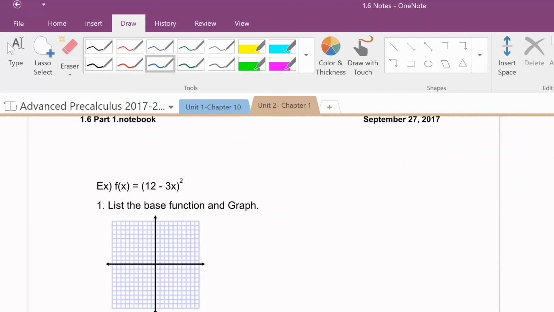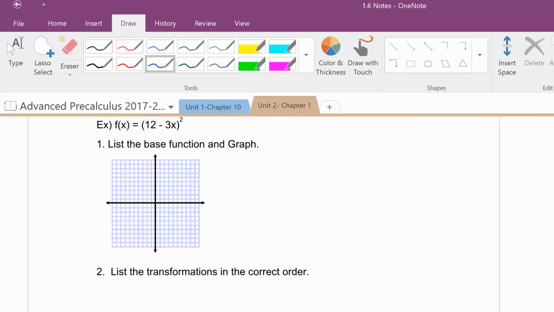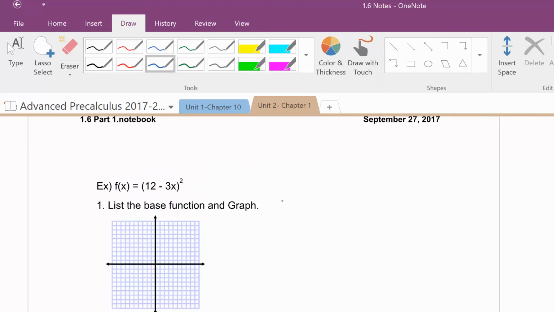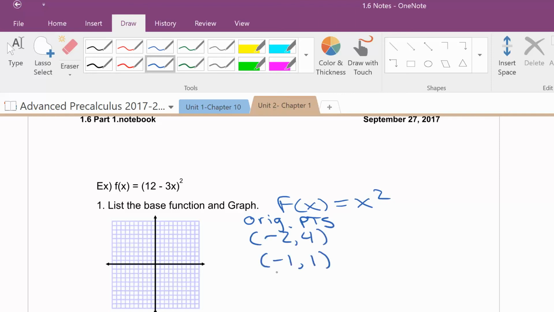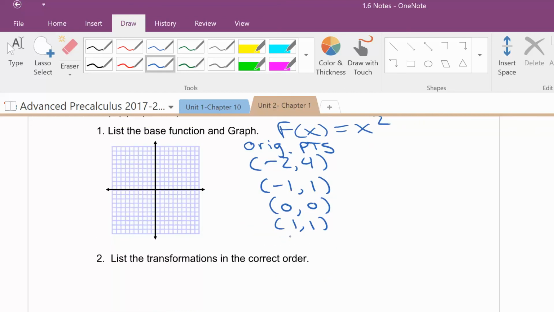All right, the last one. So this base function is f of x equals x squared. So remember the original points are negative 2, 4, negative 1, 1, 0, 0, 1, 1, and 2, 4.